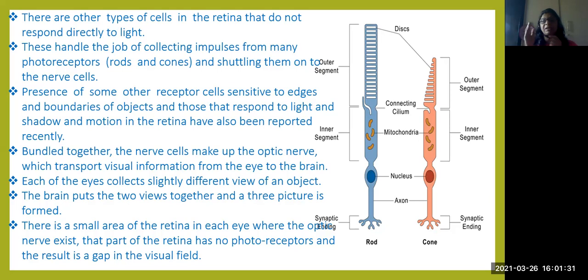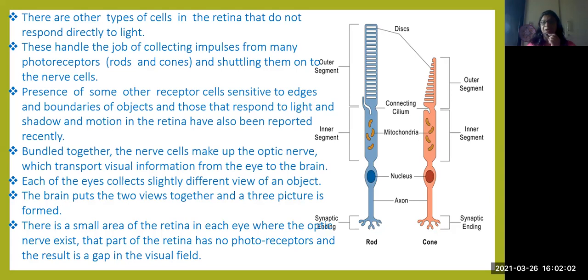They make the edges of the images, the boundaries of the objects, and these will show a proper shadow of those things and the motion. When the picture is moving, that activity is also properly reported to the brain so that we can see the motion pictures.